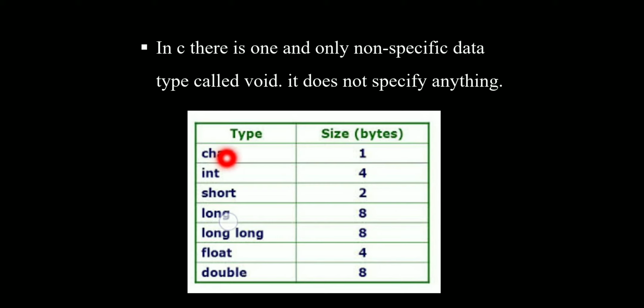For integer, 4 bytes; for short, 2 bytes; for long, 8 bytes; for long long, 8 bytes; for float, 4 bytes; and for double, 8 bytes. These are some data types and their sizes.